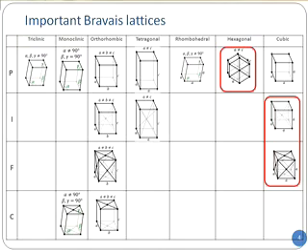One is the cubic, body-centered cubic and face-centered cubic, and the last one is the hexagonal. And I'll explain these three primarily because the semiconductors of interest, silicon, germanium, and silicon carbide, for example, mostly occur in these cubic, body-centered cubic, face-centered cubic, and hexagonal structures. So we'll spend some time.